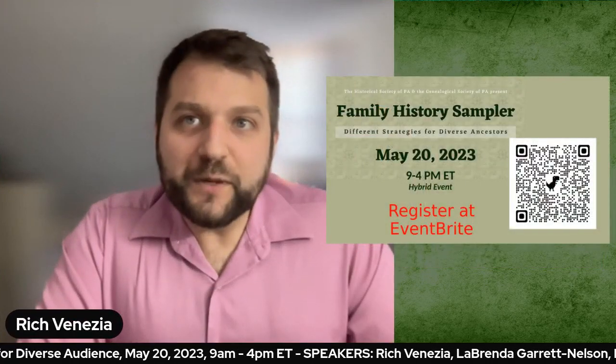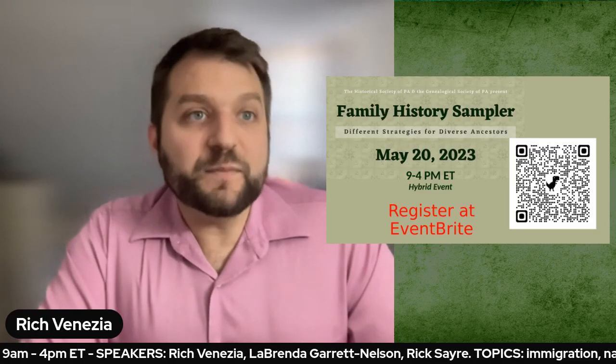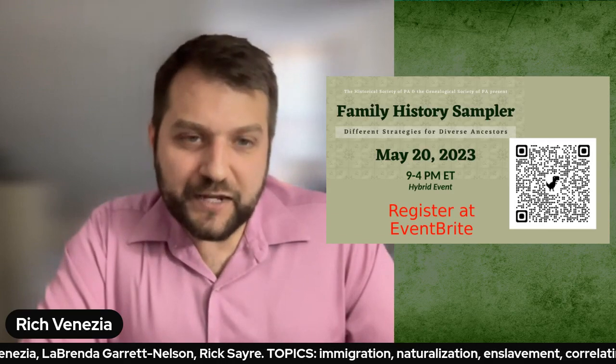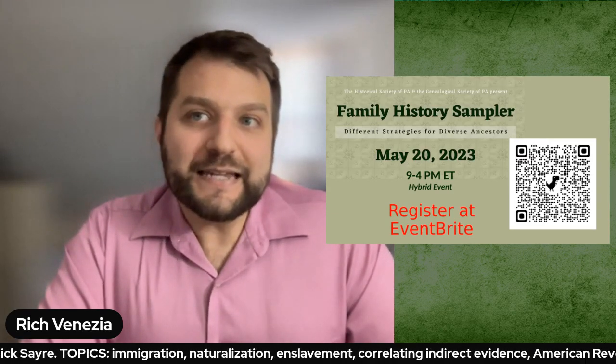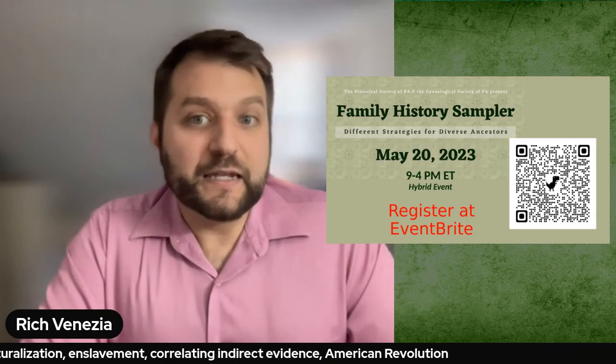So, what makes immigration and naturalization research so difficult? It's difficult because the laws change so much over time, and because they changed, the records changed, and the information on the records changed. Folks that have more recent immigrant ancestors tend to find much more helpful documentation on ship manifests, in alien registration files, in naturalization records.